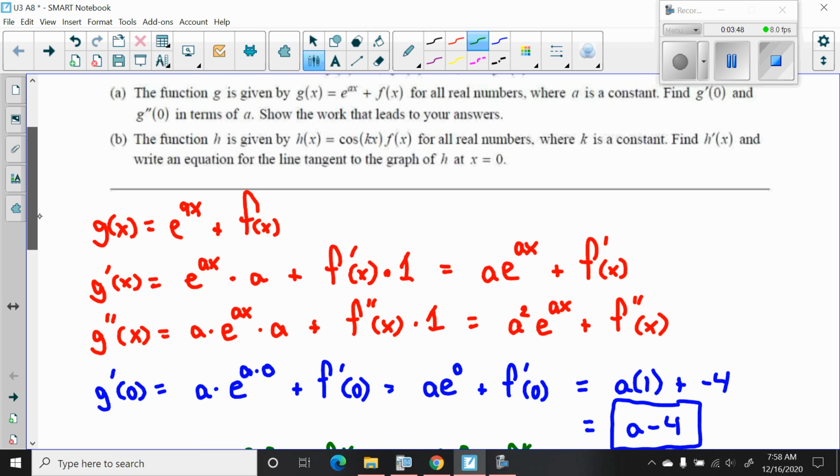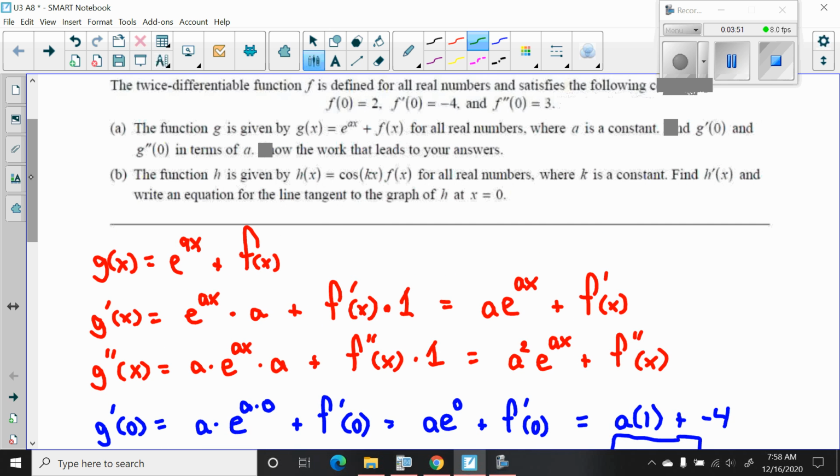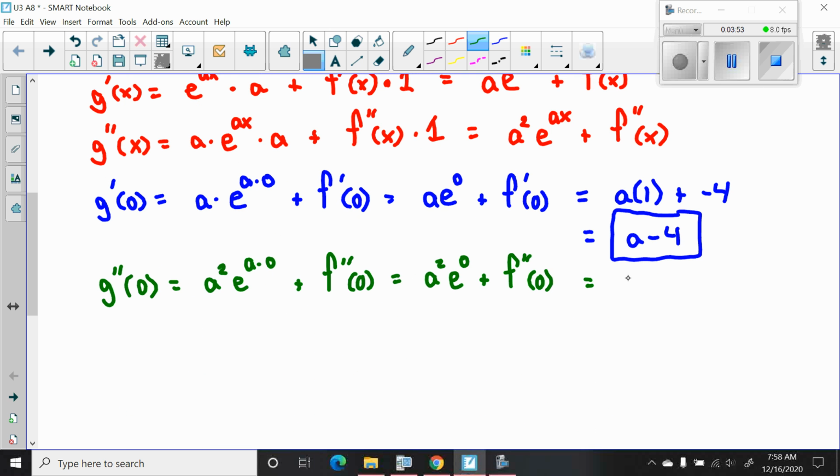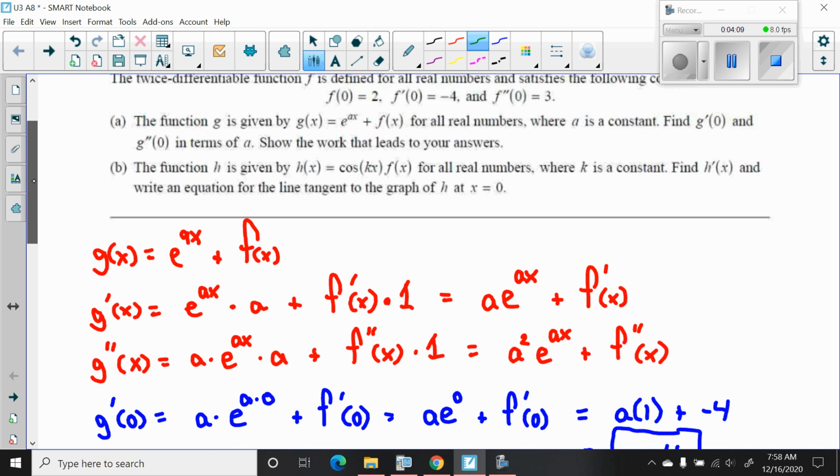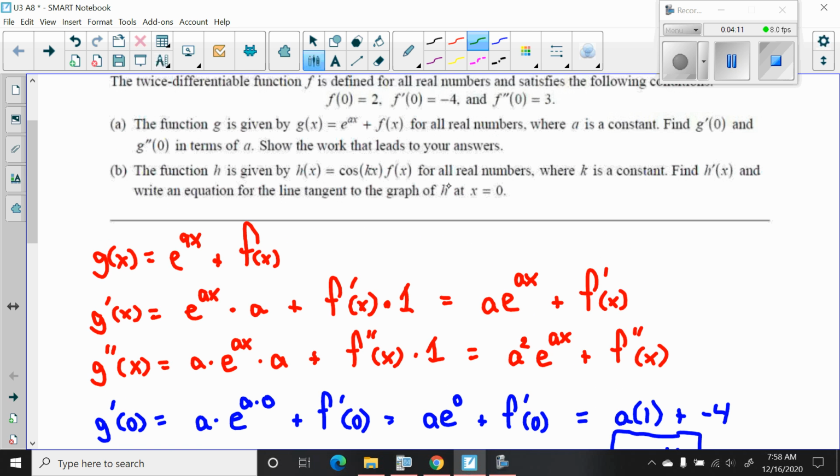And f double prime of 0 is 3. So a squared times 1 plus 3, which would be a squared plus 3 for the second derivative. Show the work that leads to your answer. Okay, got it.